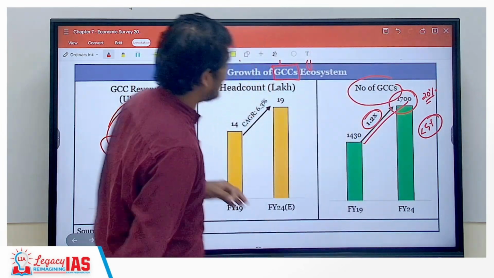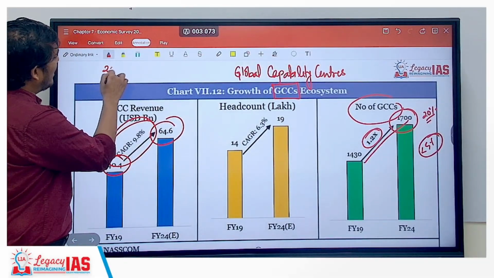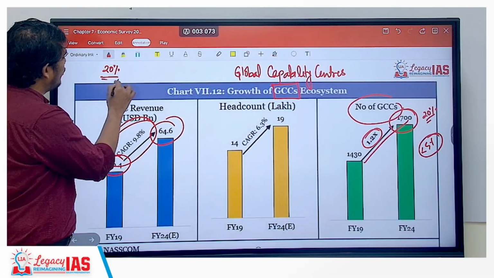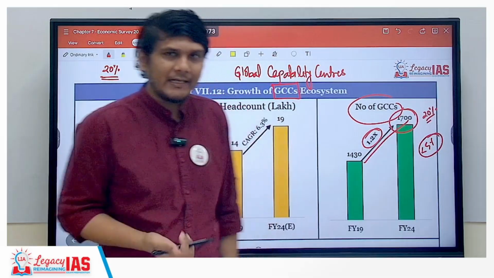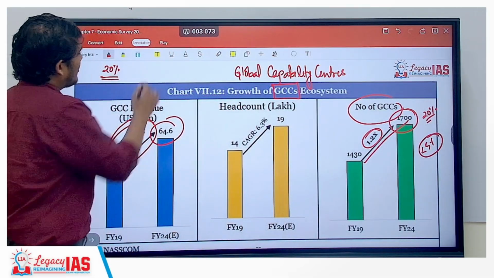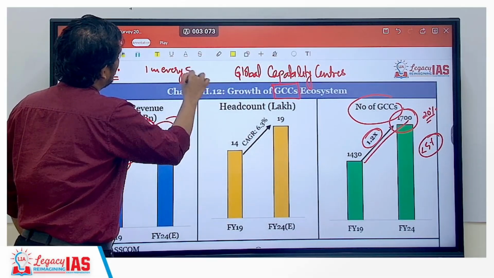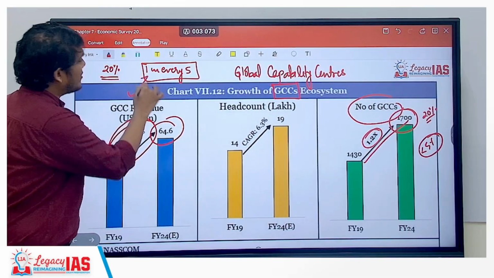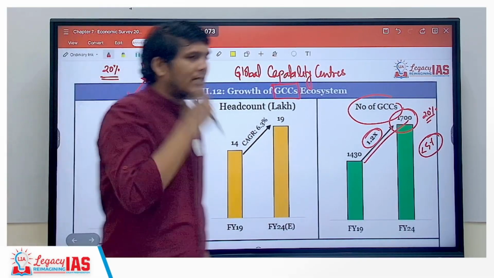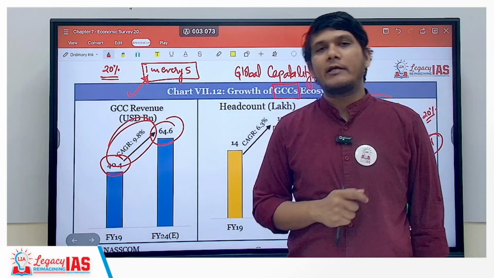What I am trying to say is, if you have a statistic saying that 20% of children go to bed hungry, instead of saying that, you can say 1 in every 5 children sleeps hungry at night. So 1 in 5 is more relatable, gives a higher impact on your mind, right? So it will be more impactful in your answers.